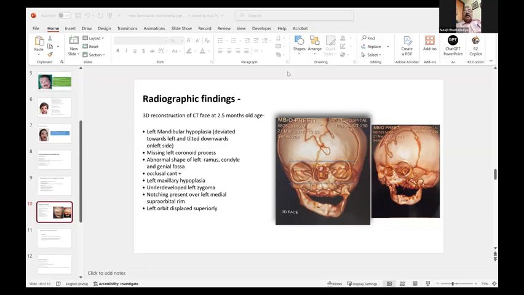Goldenhar syndrome has epibulbar dermoids. When there are no epibulbar dermoids in the eye, it is simply craniofacial microsomia, not Goldenhar syndrome. Thank you, sir. Good.